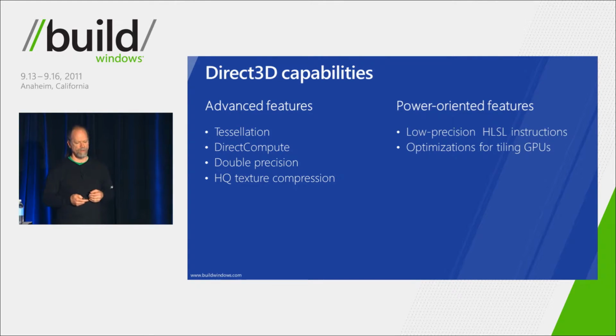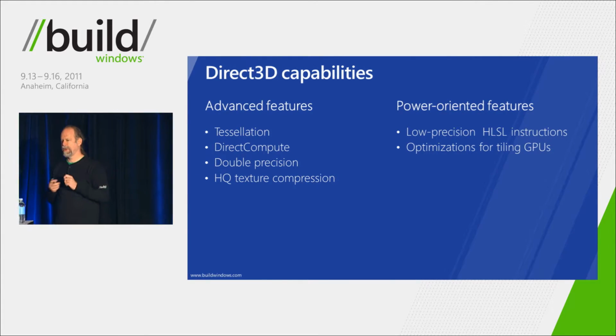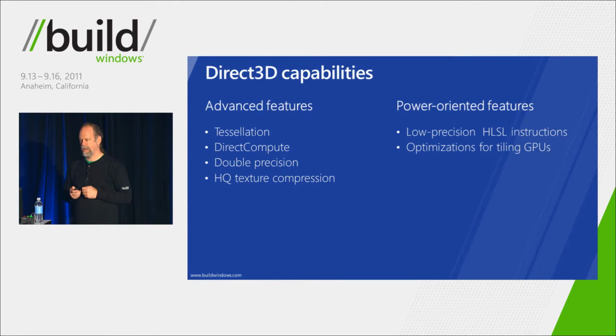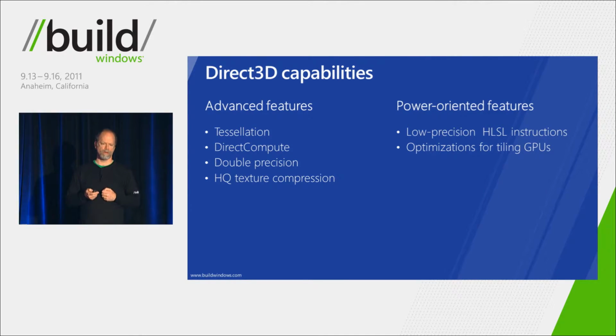On the other hand, we've also got some features that we've added more recently that are specifically focused on optimizing for power consumption. And the reason this is interesting is because at every scale of machine, from a tower to a tablet, power is really one of the gating issues on the performance and the quality of experience you can deliver.